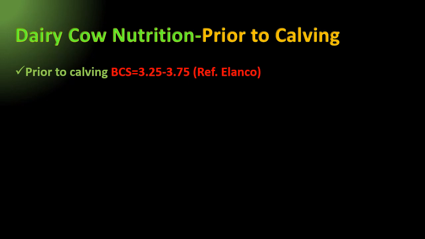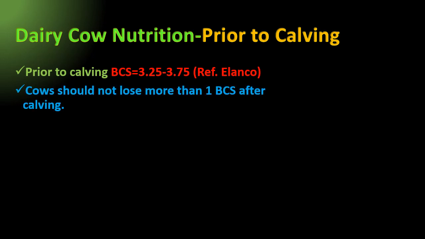In a pasture-based system, we can avoid body condition scoring, as has already been discussed. Elanco gave a reference that prior to calving, the cows should have a body condition score between 3.25 and 3.75.